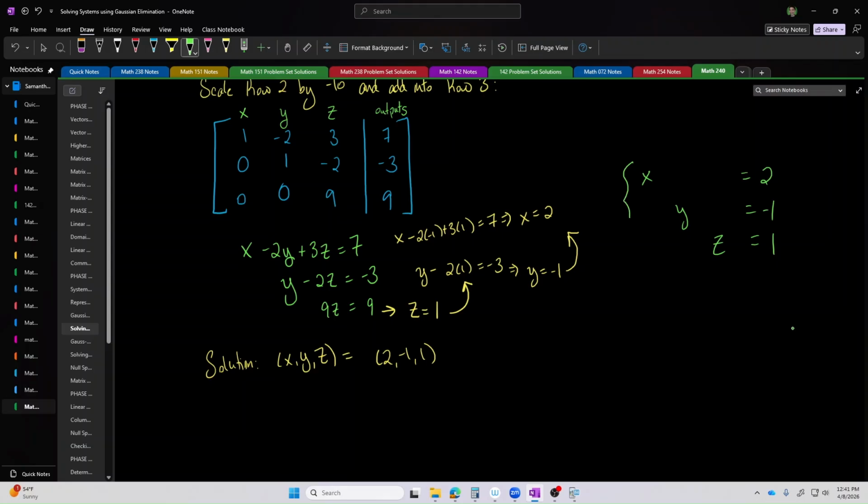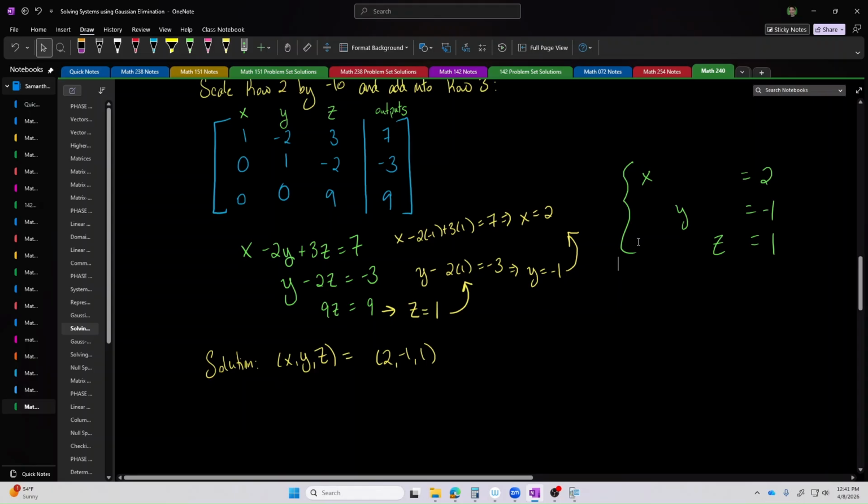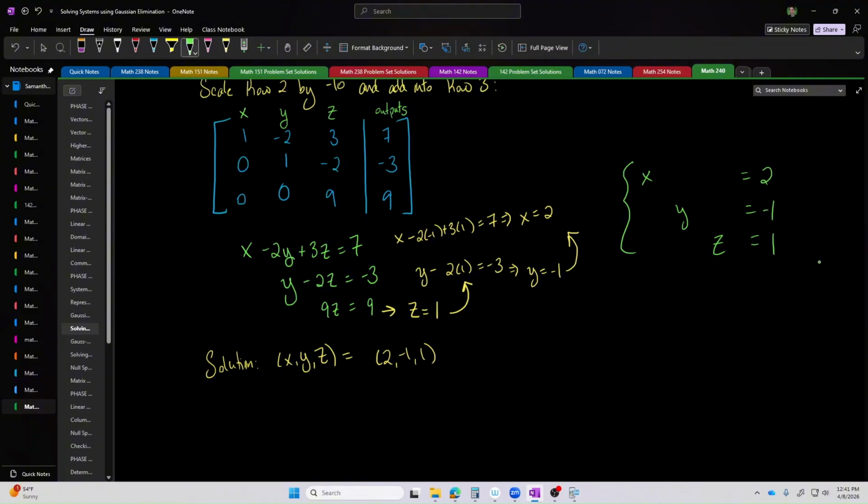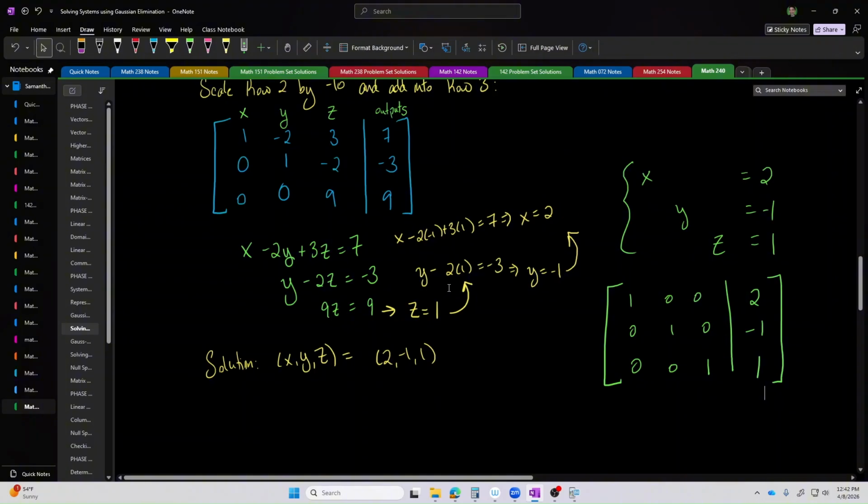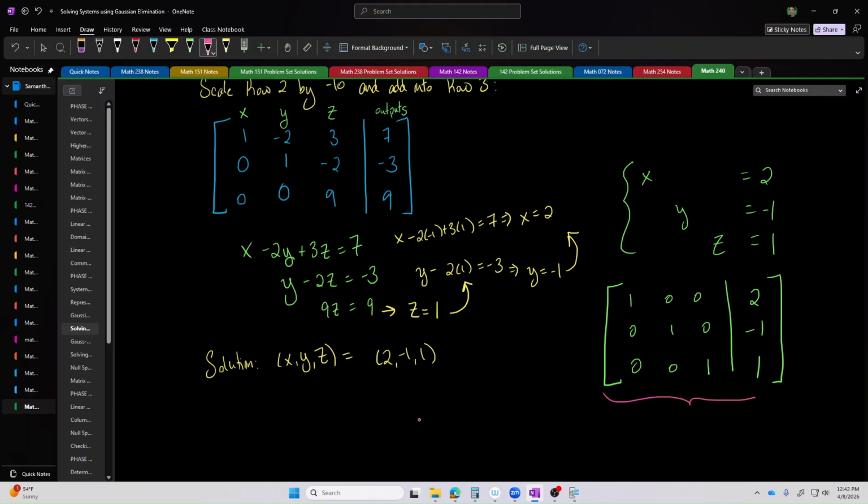Now, if we take this system of equations and write down the augmented matrix that represents this highly simplified system, it would be 1, 0, 0, bar 2; 0, 1, 0, bar -1; and 0, 0, 1, bar +1. Notice that after both the elimination and the back substitution have been completed, the system of equations has an augmented matrix that is in reduced row echelon form automatically.